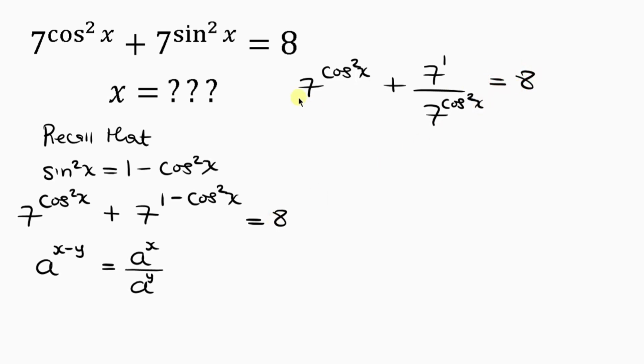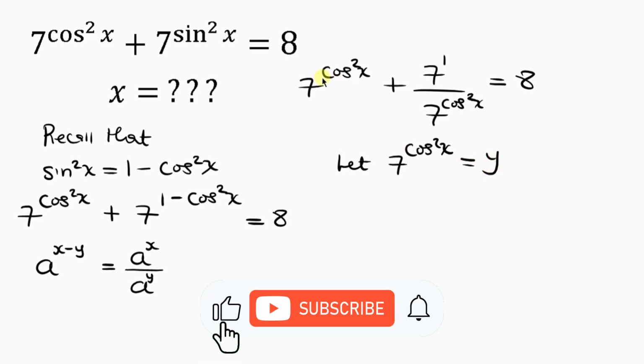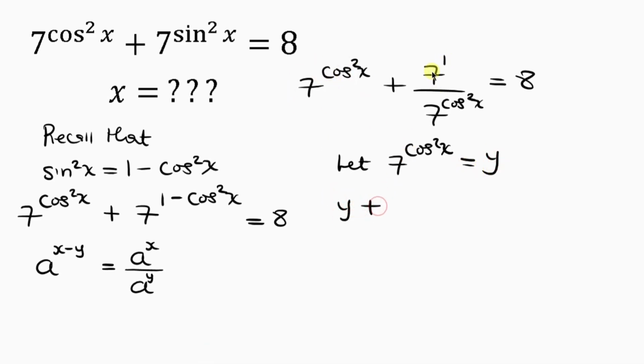Now you notice that 7 to the power of cos squared x is appearing more than once, so we can substitute for that. So we can say let 7 to the power of cos squared x be equal to y. So this expression is now y plus, now 7 to the power 1 is 7, all over 7 to the power of cos square x.